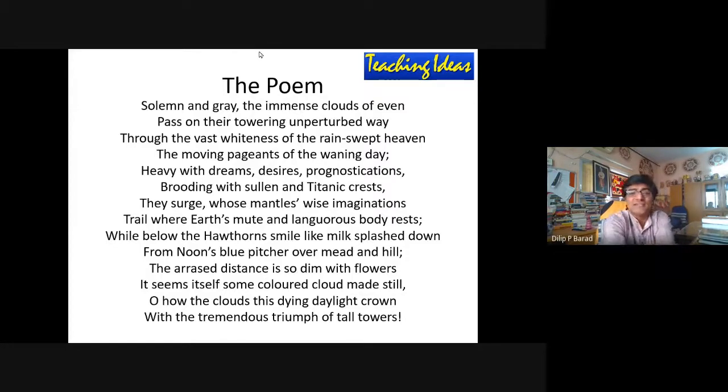And titanic crests. What is titanic crests? Titanic crests means... I think you are getting the point of how difficult it is to do textual analysis and to open each and every word.